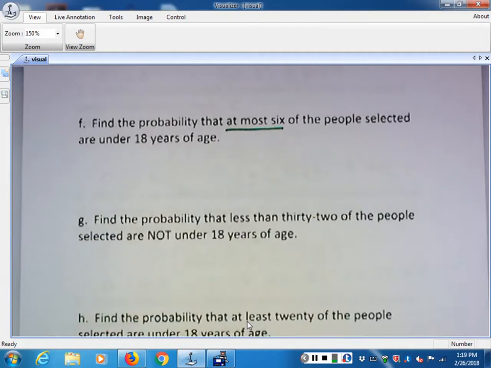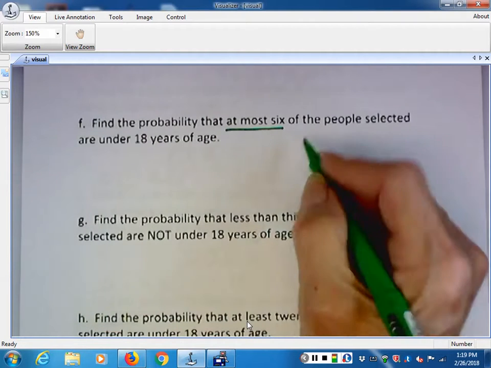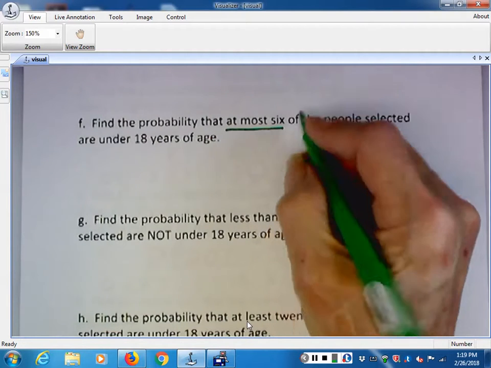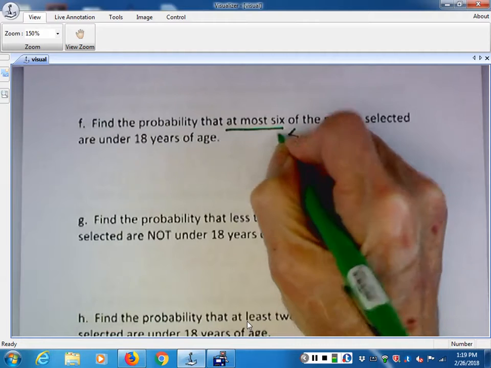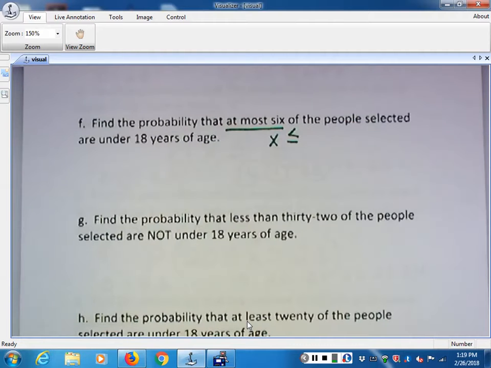At most 6. Up or down? Down. Is 6 included or not? Yes.